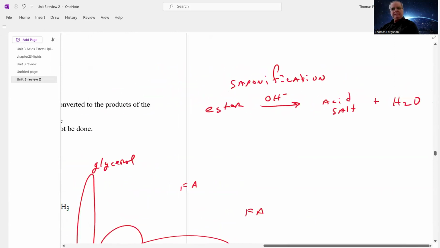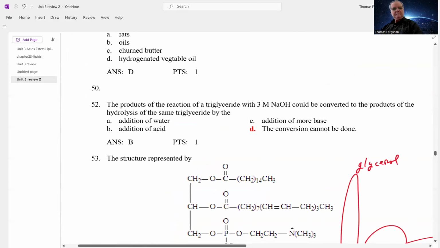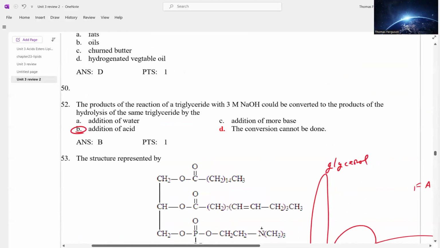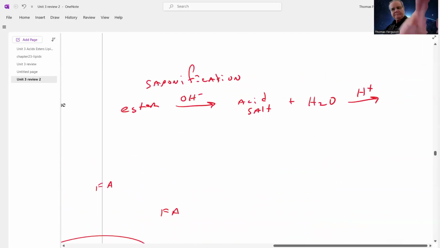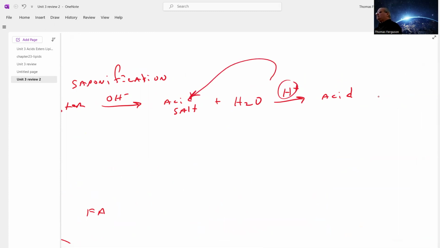Now, once you add an acid here, it converts to the acid because this here protonates that salt.